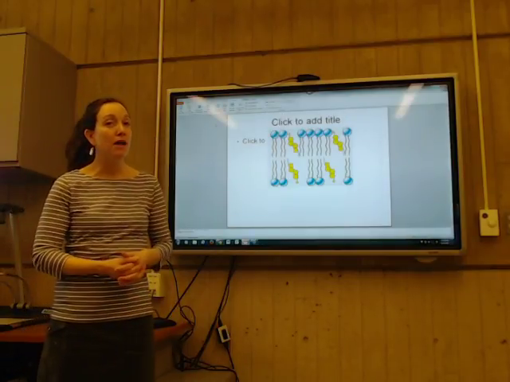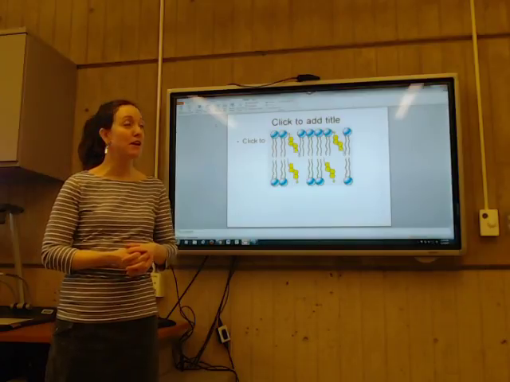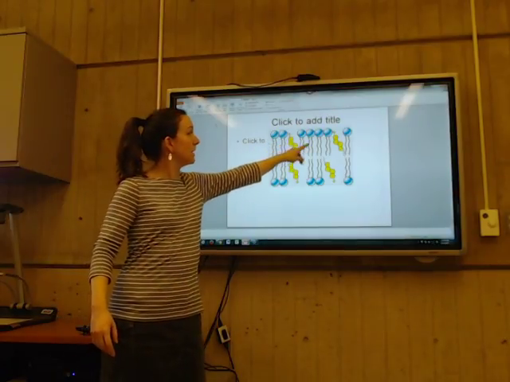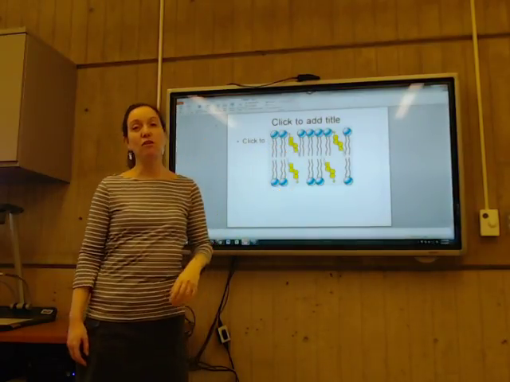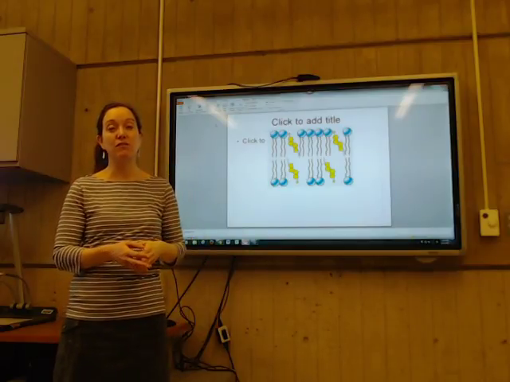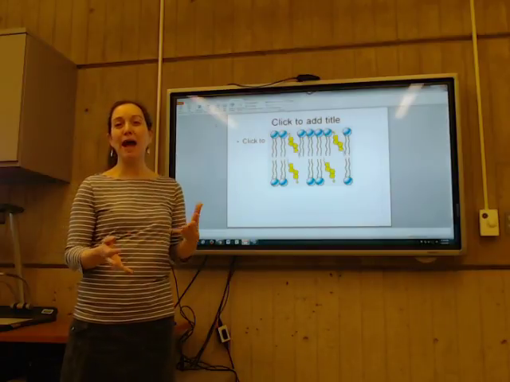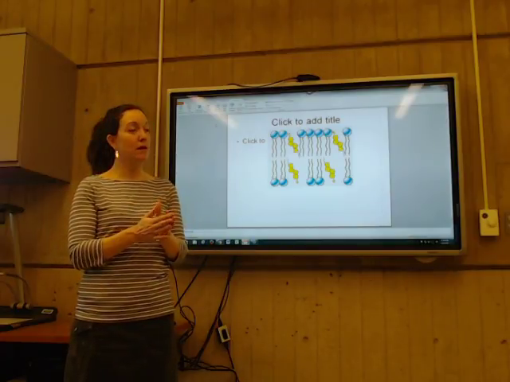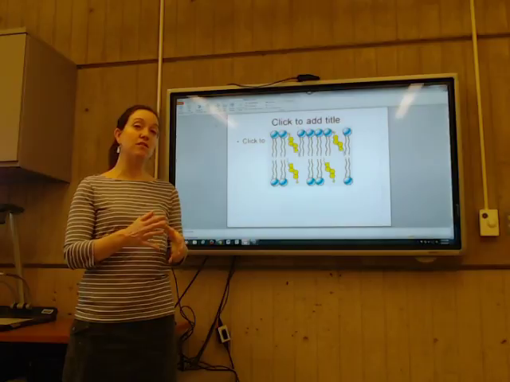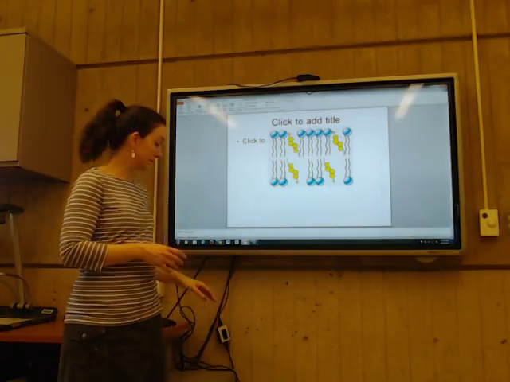Another important molecule found in the plasma membrane is cholesterol, shown here and here in yellow. Cholesterol is between some of the phospholipids on the plasma membrane, and this can get in the way of packing those phospholipids. So cholesterol can influence the fluidity of the membrane as well.